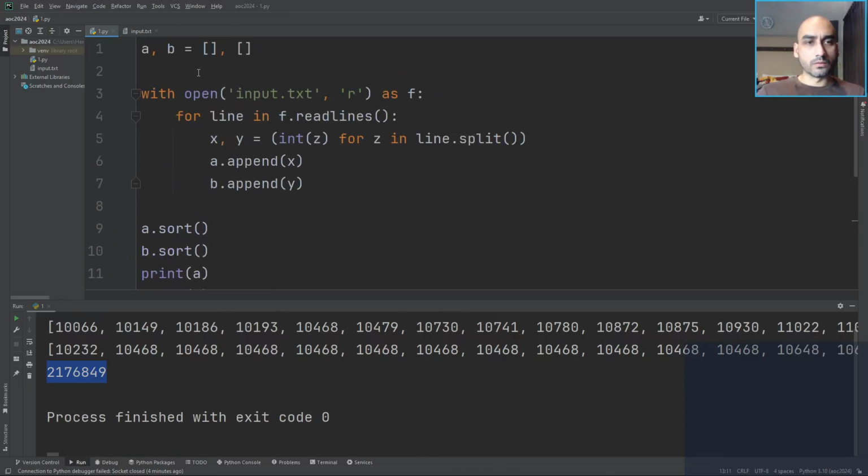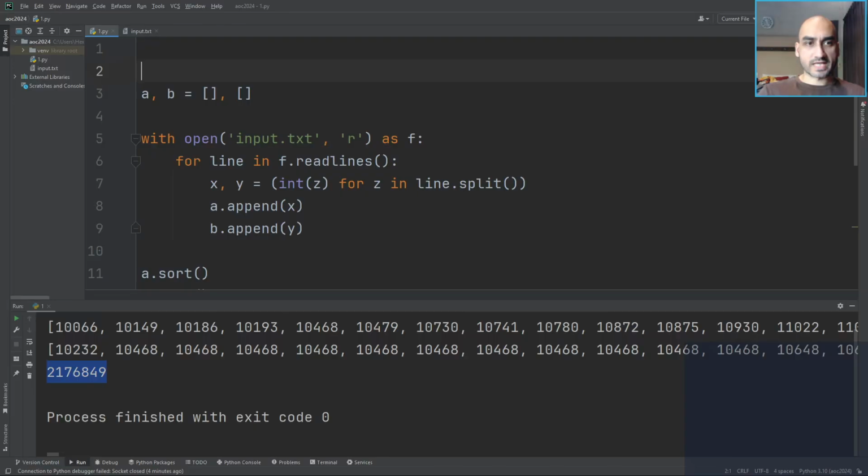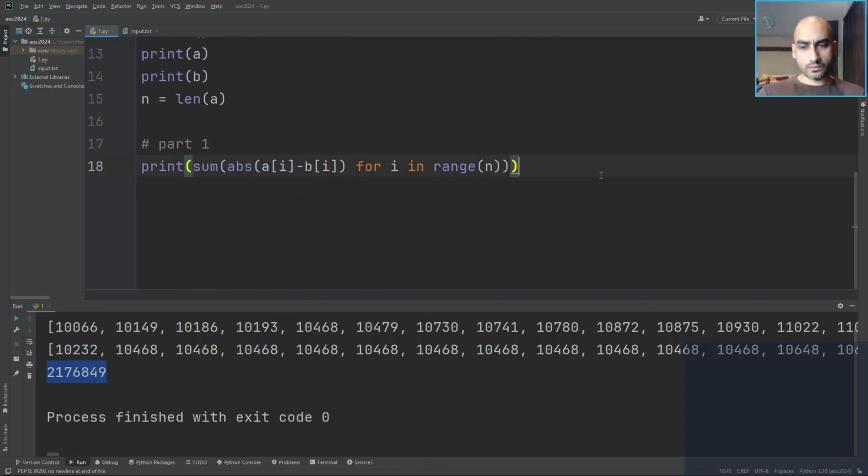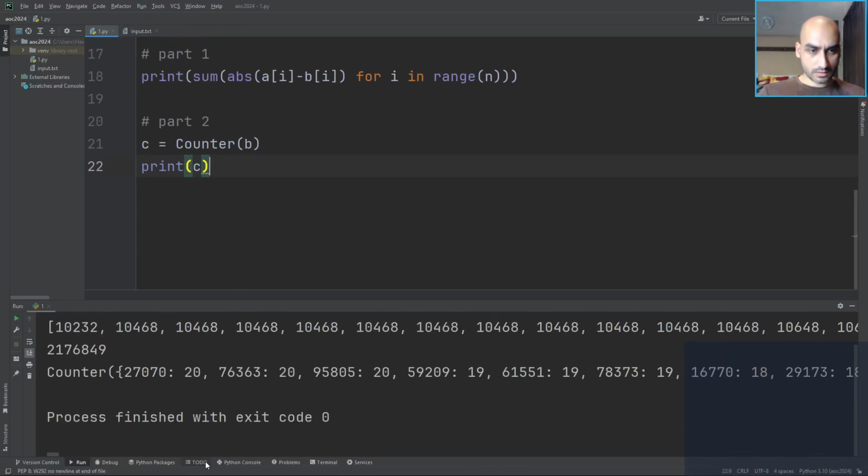Alright, so I think I want to use Counter here. Collections imports Counter, is that right? So let's say C equals Counter(B). That immediately turns B into a frequency table, telling us how many of each appears.